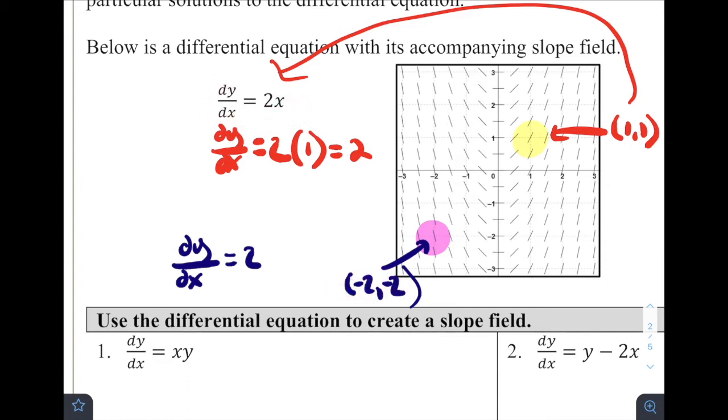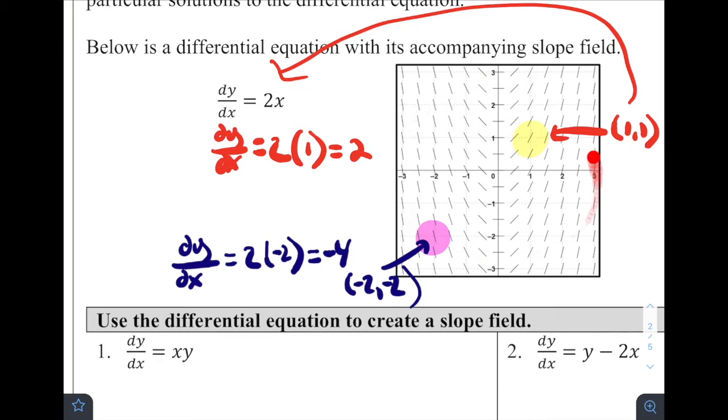That x value at that point is -2. So 2 times -2 is equal to -4. So at that specific point, the slope of the function y is -4, and we can visually see that as this tick mark, which as it's going to the right is going downwards. It's got a negative slope, while this one up here had a positive slope.